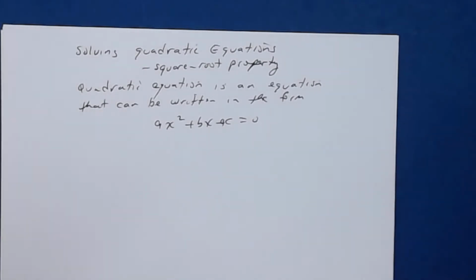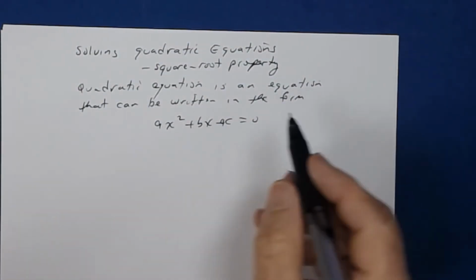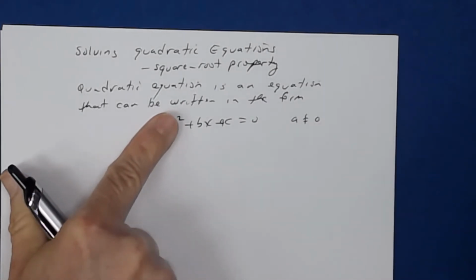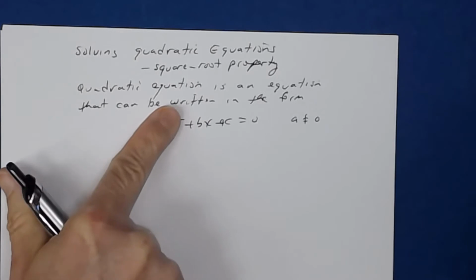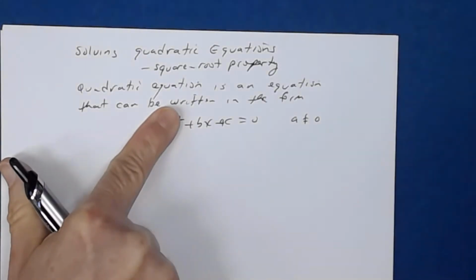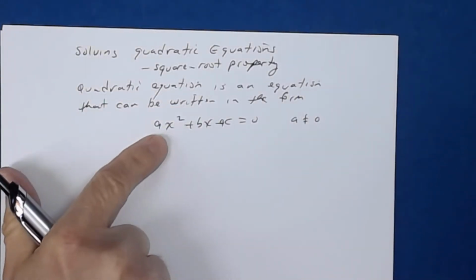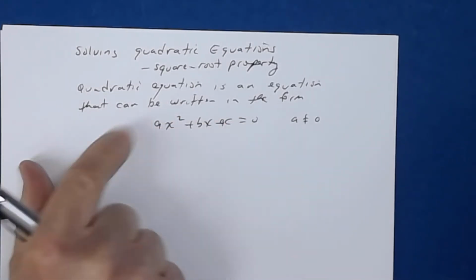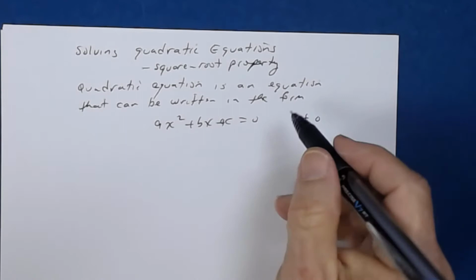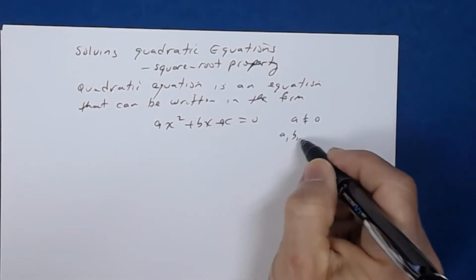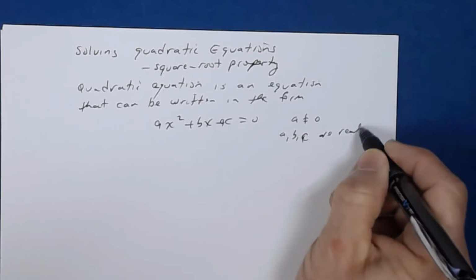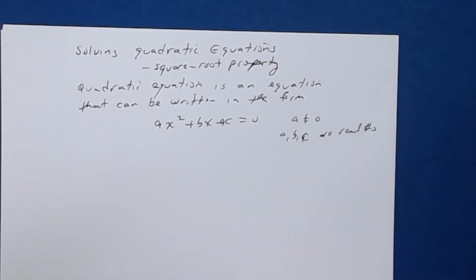The other thing you have to remember is that the coefficient of x squared, a, cannot be 0, because if a was 0, then you would no longer have that x squared term, and this would be a linear equation. So b can be 0, c can be 0, but a cannot be 0. a, b, and c are real numbers, but a cannot be 0.